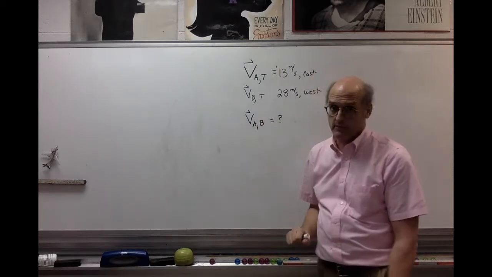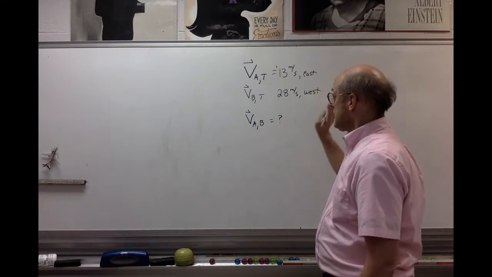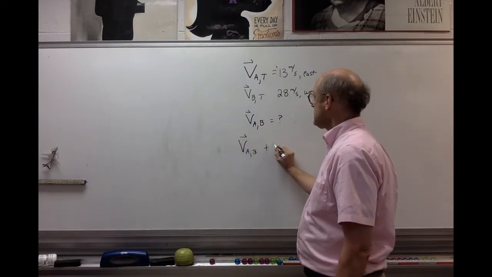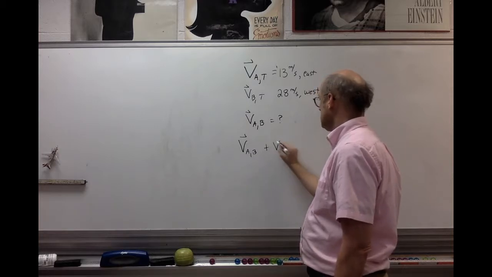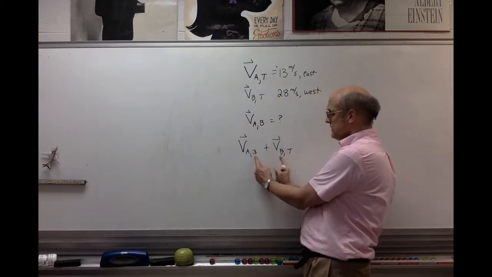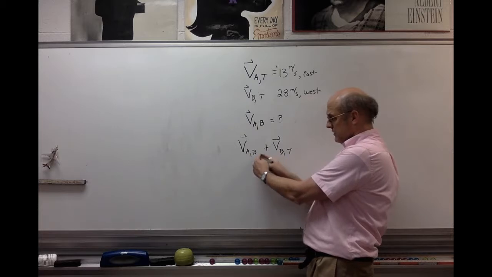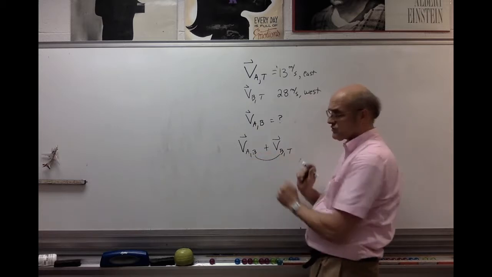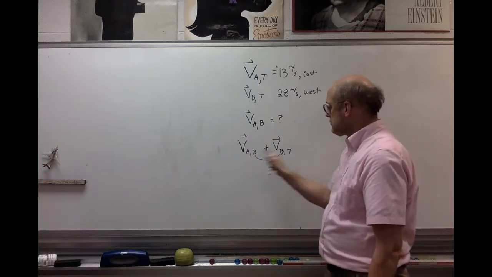So the unknown is VAB. We take VAB and add it to VBT. Notice that this subscript and this subscript are on the inner part, so they're right next to each other. That's what you want to do. That's equal to VAT.